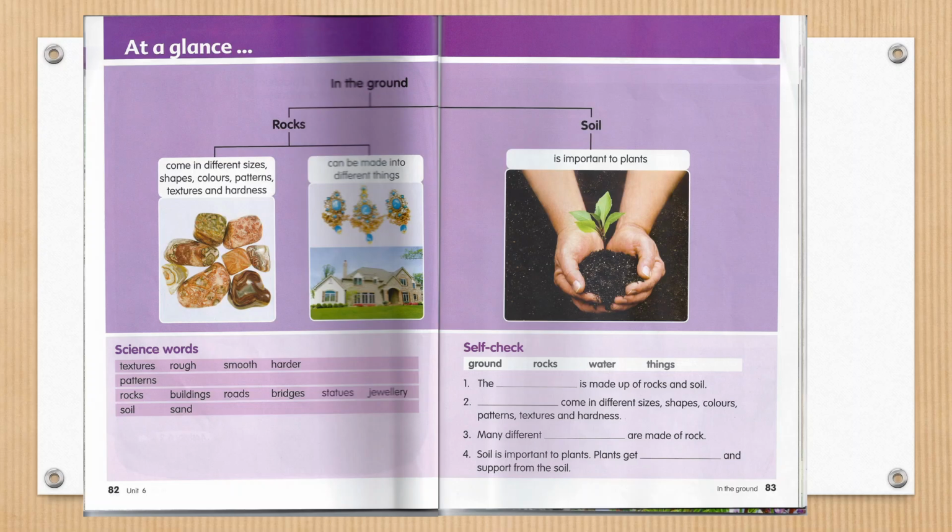Number three, many different things are made of rock. And number four, soil is important to plants. Plants get water and support from the soil. Now let's continue.